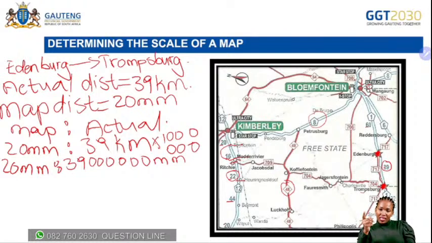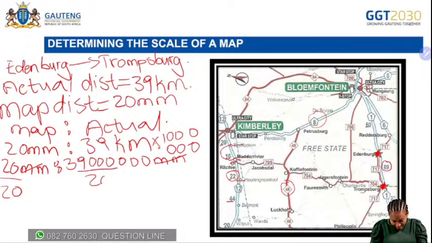And then what is the next step now? The next step is to simplify and leave it in unit form. So the units, because they are the same, cancel one another. Then we divide by 20, divide that side by 20. 20 and 20 cancel. You've got 1 is to, let's do it, guys, 39 million divided by 20. Oh, such a big number.